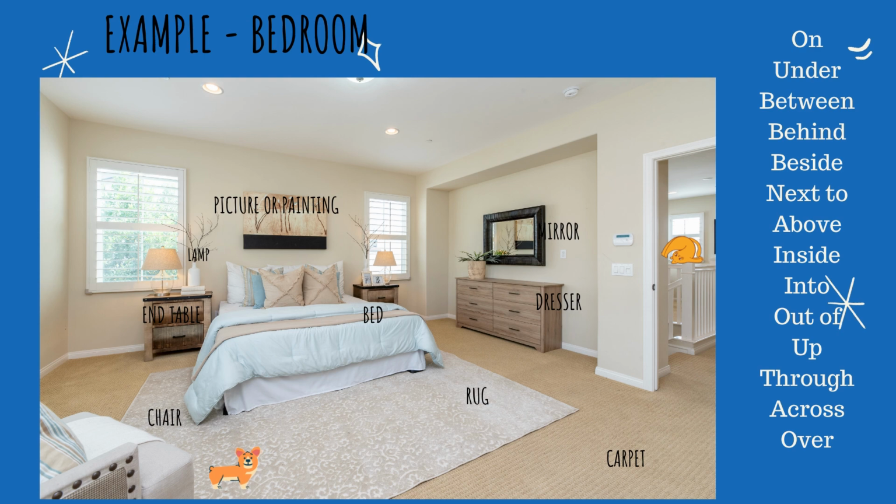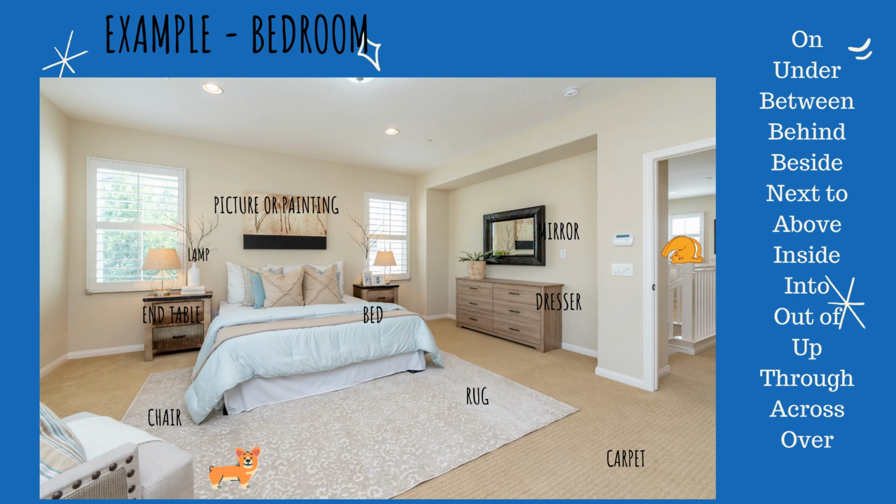The wall is behind the bed. The bed is between the two end tables. The mirror is above the dresser. All of this furniture is inside the bedroom.